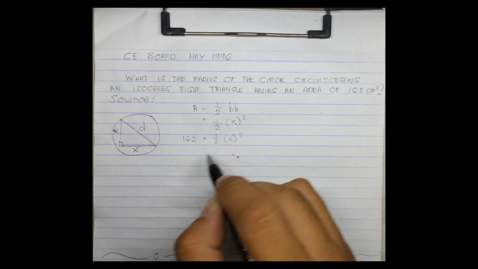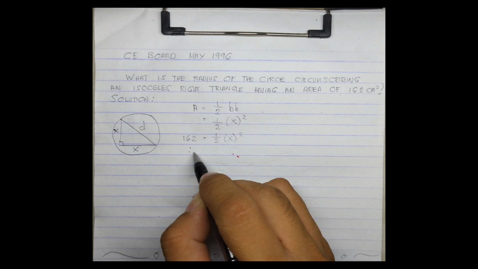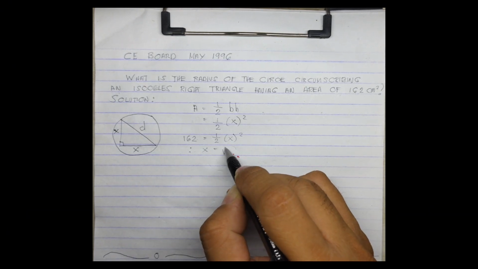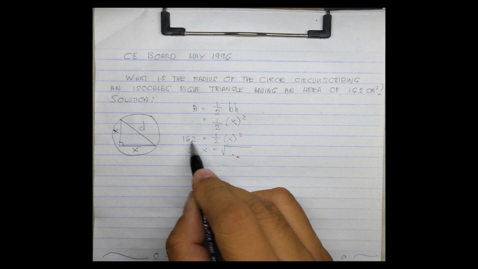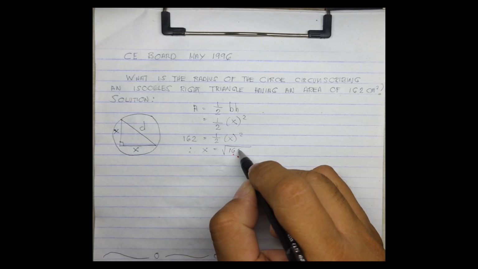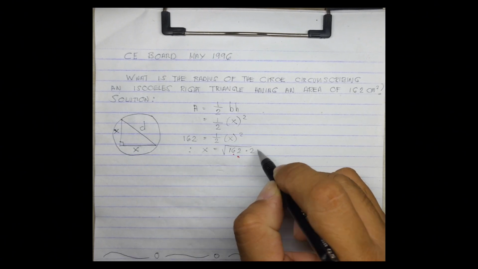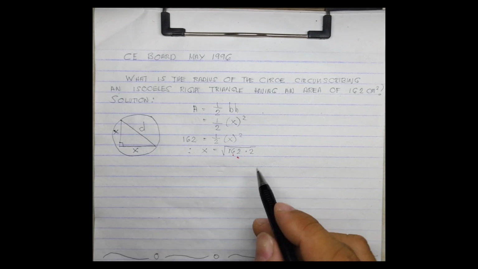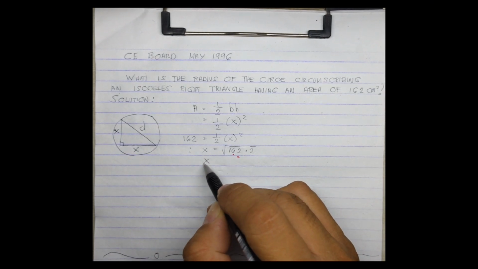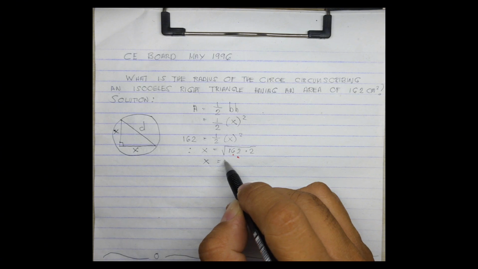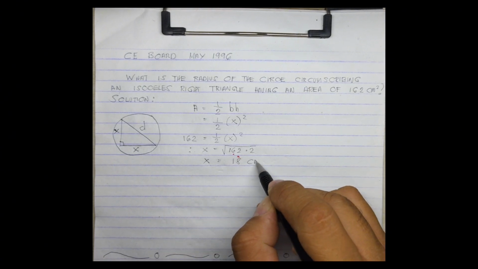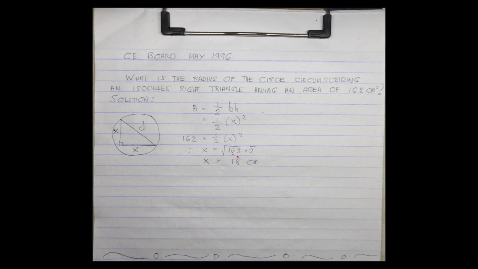So therefore, x is equal to the square root of 162 times 2, cross multiply 162 times 2. Okay. So if we're going to square this one, therefore x sides will be 18 centimeter. Okay.